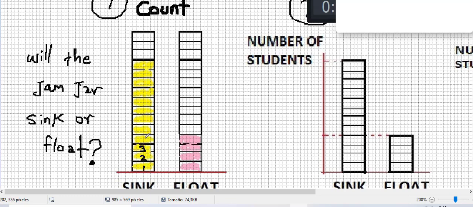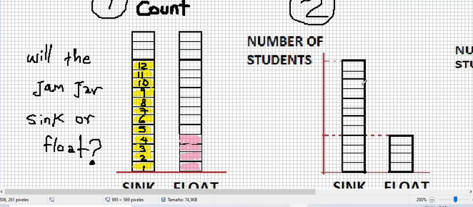Two, three, four, five, six, seven, eight, nine, 10, 11, and finally the last colored rectangle is the number 12.